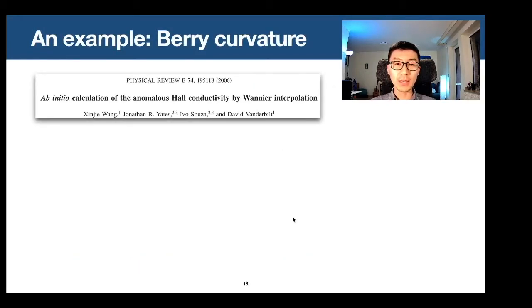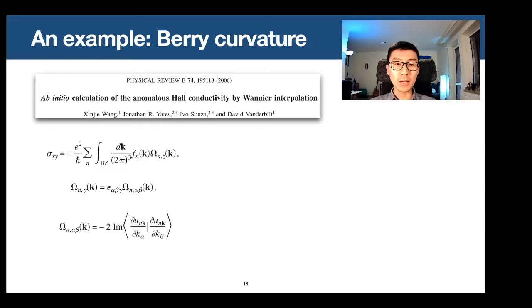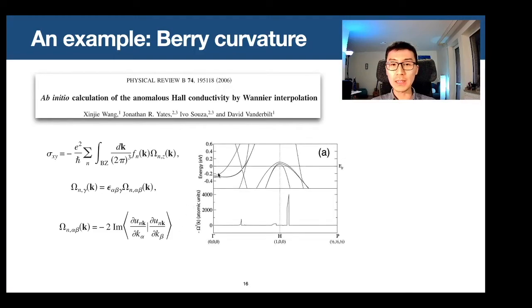One example is the evaluation of the Berry curvature, and this was first explored by this paper. In order to calculate the anomalous Hall effect, you have to calculate the Berry curvature. For BCC iron, for example, the Berry curvature usually shows a very spiky behavior.